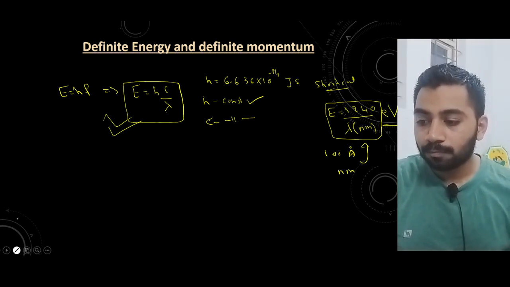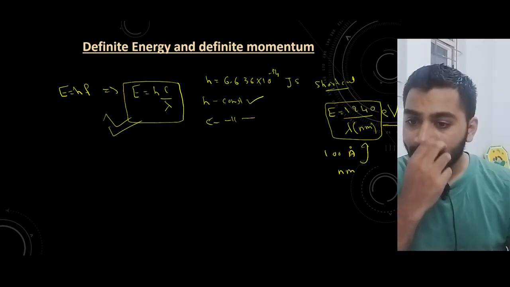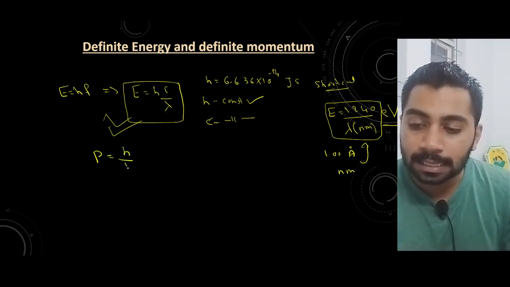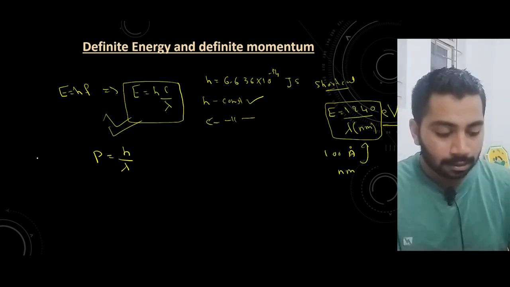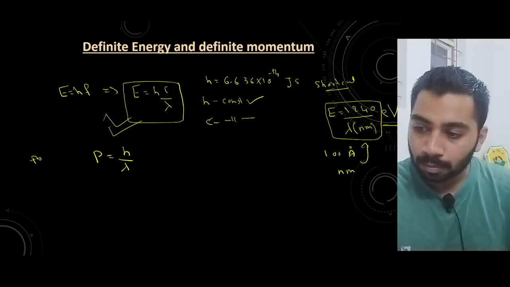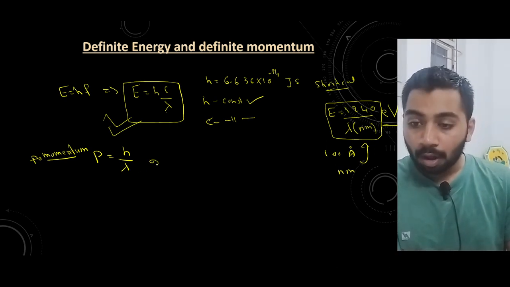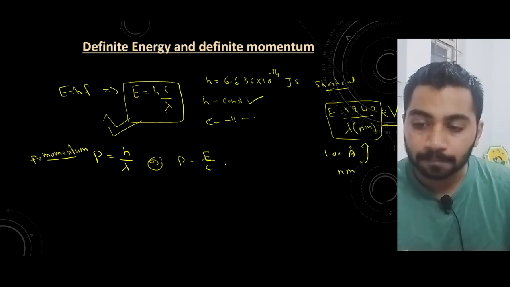Okay. Now, one thing. Energy we got. Now momentum is defined by P. Momentum is P equals h by lambda, or P equals E by c. See, very simple.